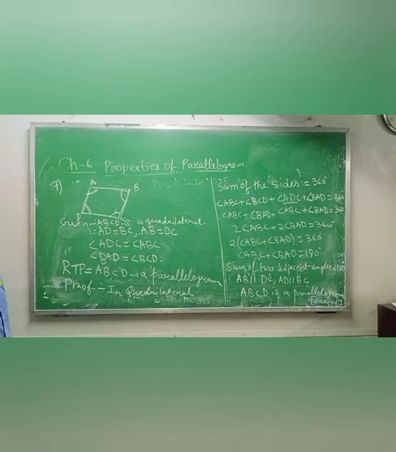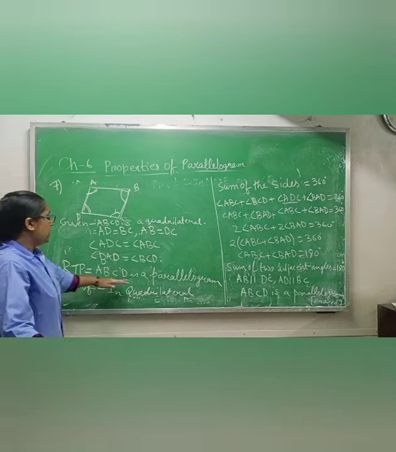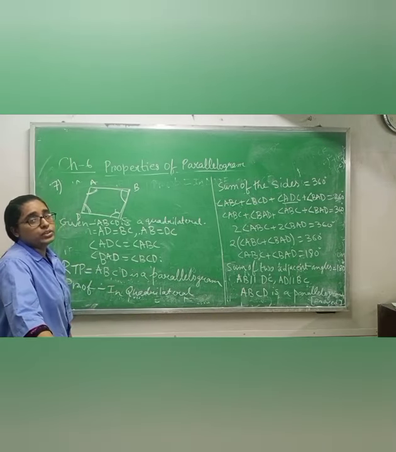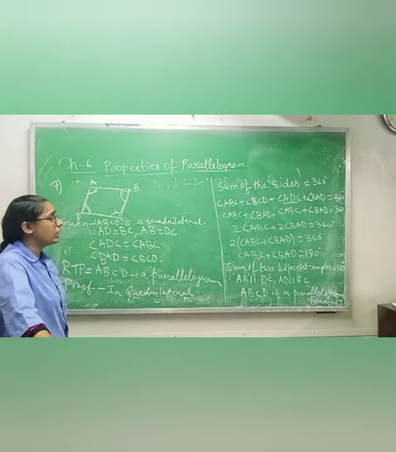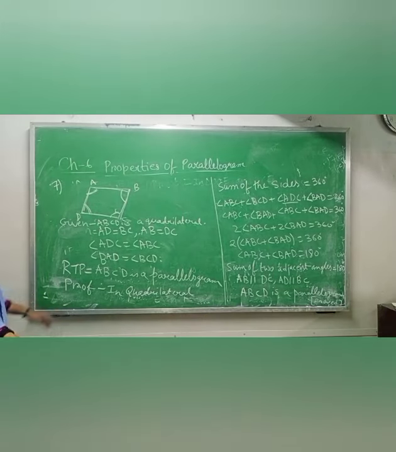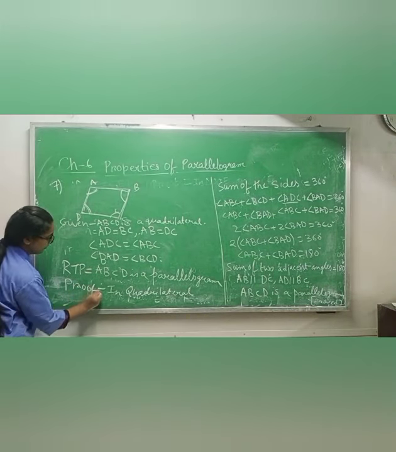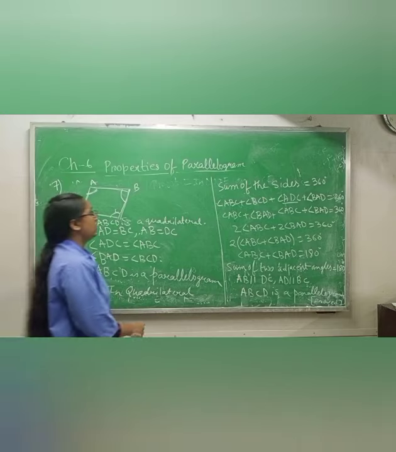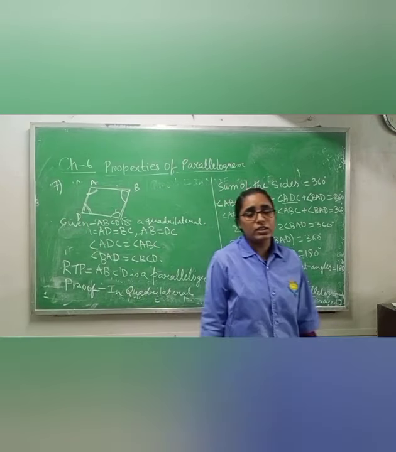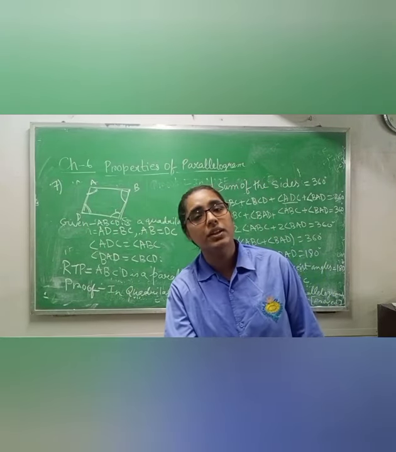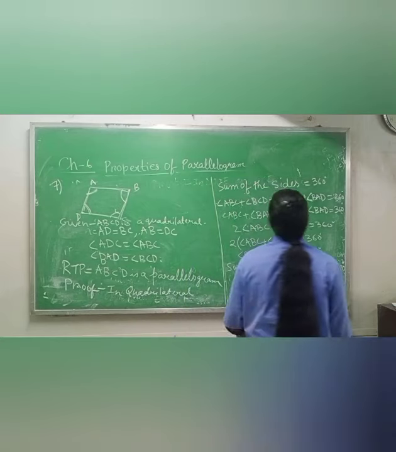Okay. Now RTP. In RTP, what will you do? We have to prove that ABCD is a parallelogram. Then how will you prove this? Now prove. In a quadrilateral, we know that the sum of the 4 angles will be 360 degrees. This one you all know.